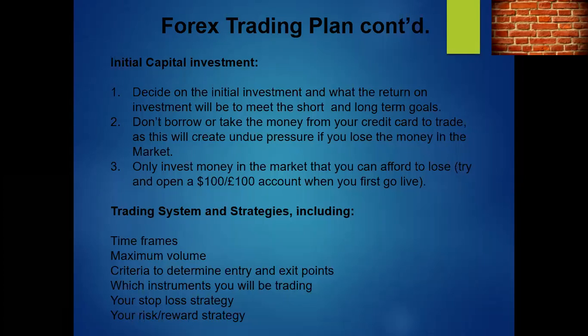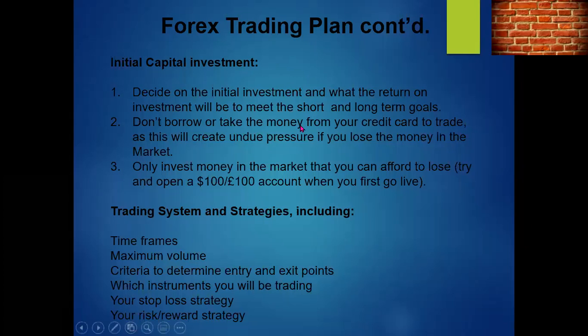Then you go up to $2 per pip move because you're gaining confidence. And then all of a sudden you reach the decision to trade $10 per pip move, and then the market goes against you and you lose the 5,000 plus any profit previously made. So only invest money in the market that you can afford to lose.